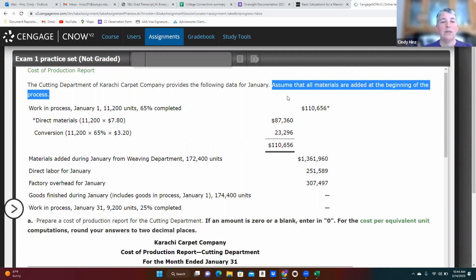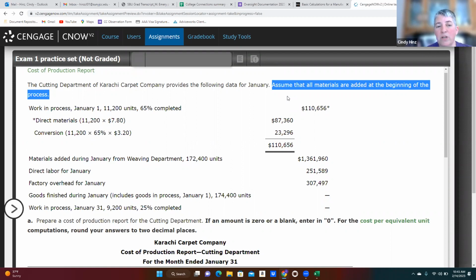And then you add the chocolate chips at the end. So there are different ways of approaching things. Some people throw all the ingredients in the bowl. Some people add them one at a time, as the recipe indicates. For this class, as I have highlighted on the screen, our assumption is that all materials are added at the beginning of the process. But again, certainly in a real world scenario, sometimes that's not true. Sometimes they are added a little bit at a time throughout the process.